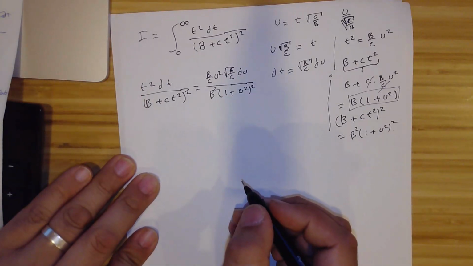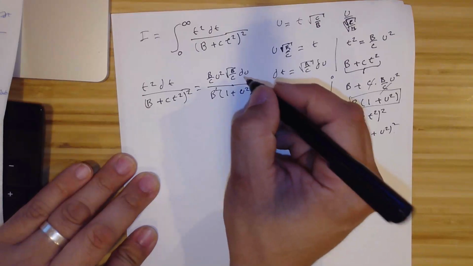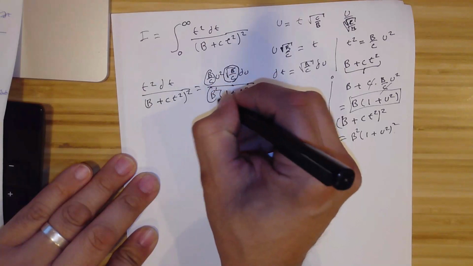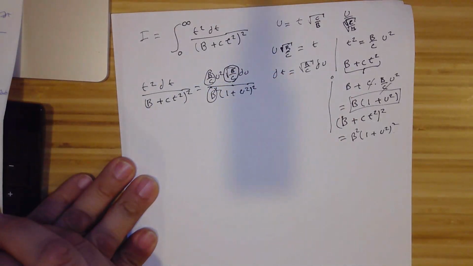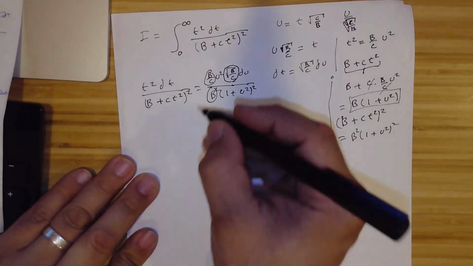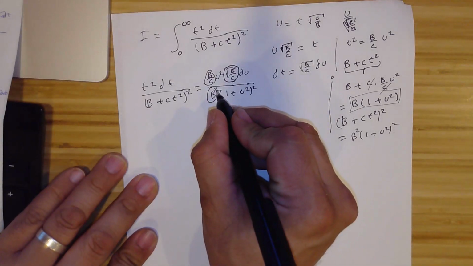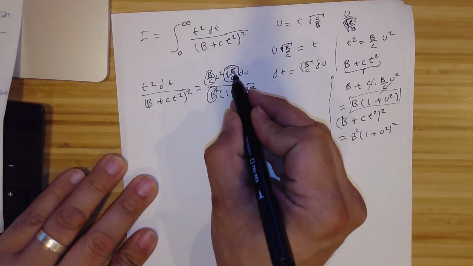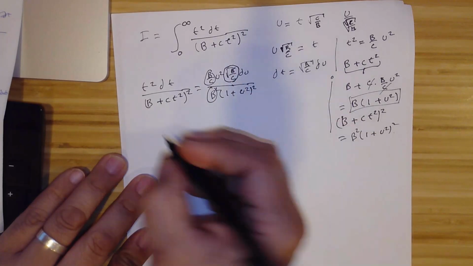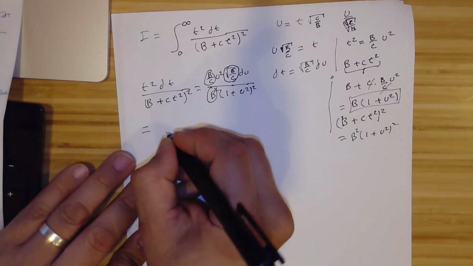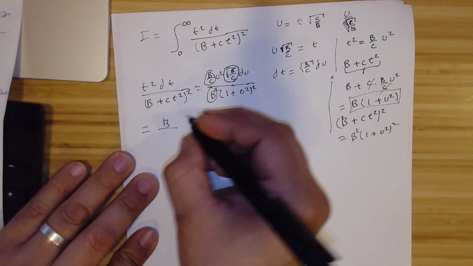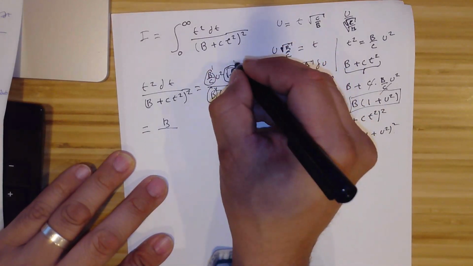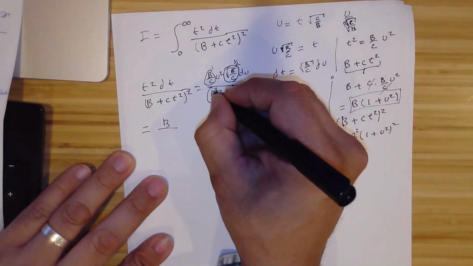So we can have this part, this part, and this part outside of the integral. So I have the exponent 2 here, and we have no exponent in this part, but we also have an exponent of a half in this place. So if we do the math, this is 1, this is 1.5, and this is minus 2.